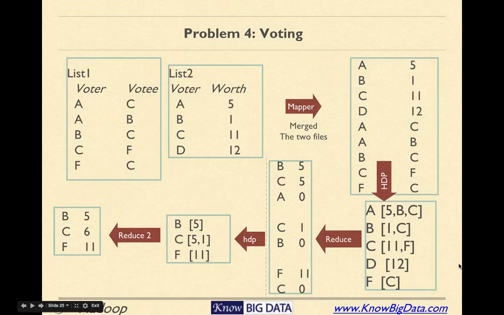As you can see here, for A, 5, comma B, comma C has come together: 5 from this side and B and C from this side. Similarly, for B, 1, comma C has come together. And for C, 11 and F have come together.